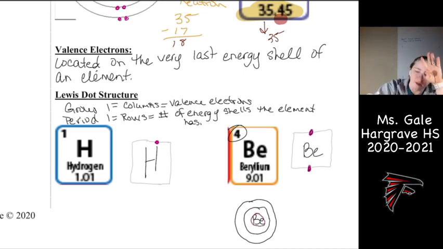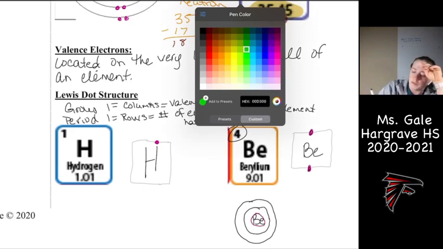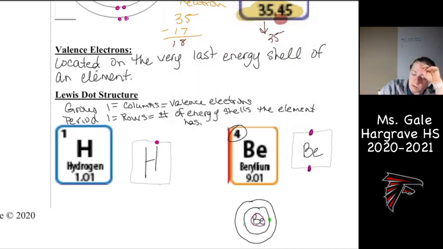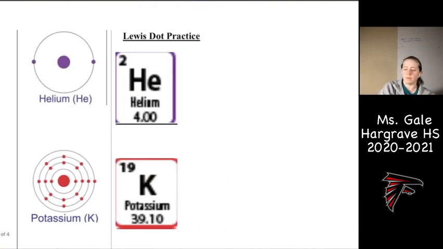I have 1 electron, 2 electrons, those are my first 2, and that's 3, 4. So my valence electrons for beryllium are right here, and it only holds 2 on that second ring.